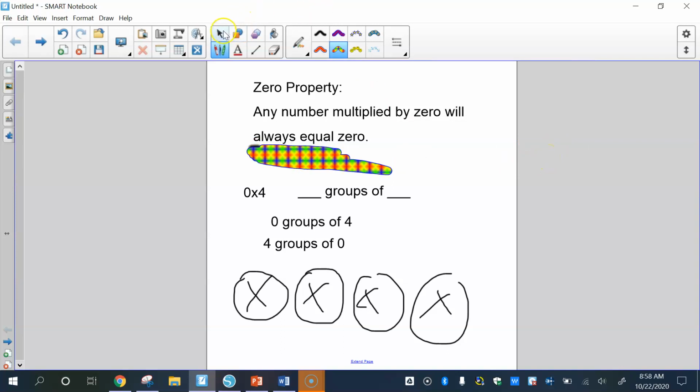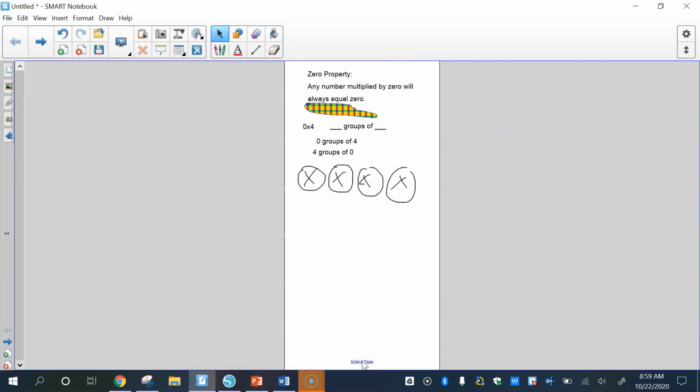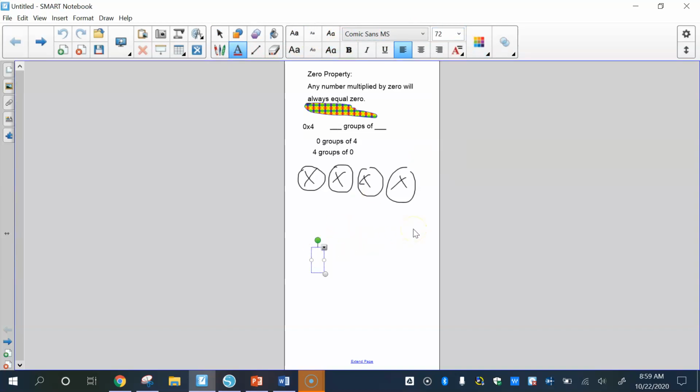So you can do anything. You can multiply any number by 0. If I had this number, I'm literally just typing keys.